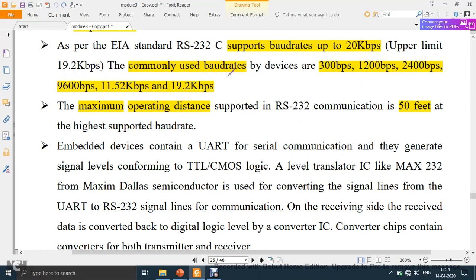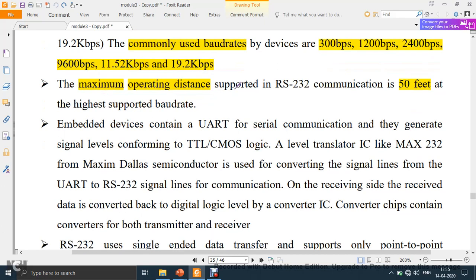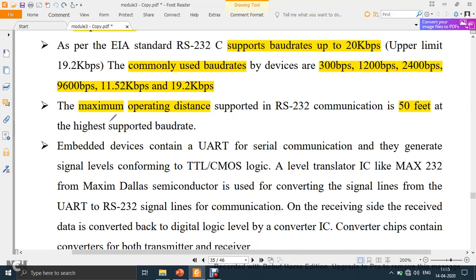What are the other data rates within that maximum range? 300 bits per second, 1200 bits, 2400, 9600, 115.2 kilobits per second, and the maximum, which is 19.2 kilobits. These are the various baud rates, or speeds of data communication, available.